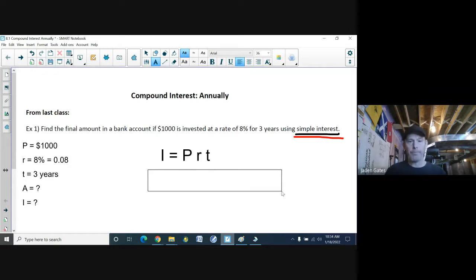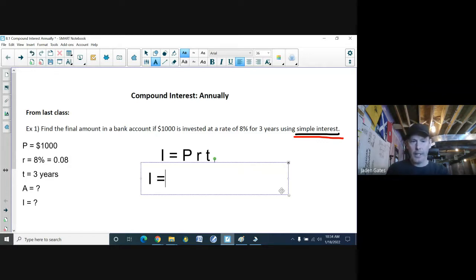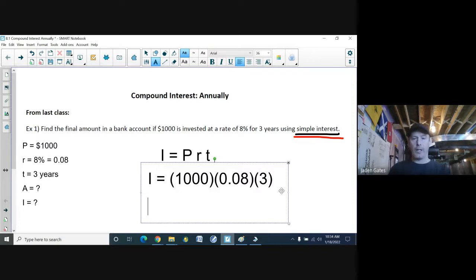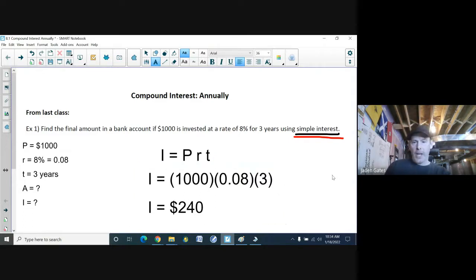I is equal to my principal, $1,000, my rate, 0.08, and my time, 3 years. This one is easy because I can just multiply my 3 numbers to get my amount of interest. Let's grab a calculator. It ends up being $240.